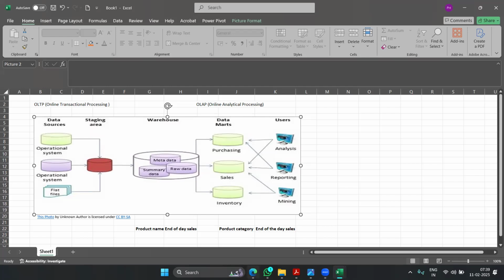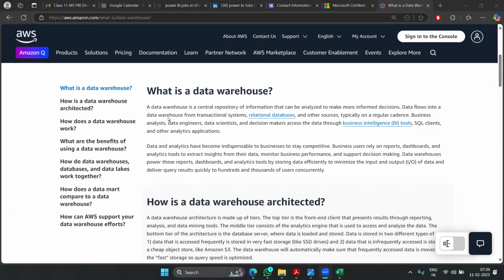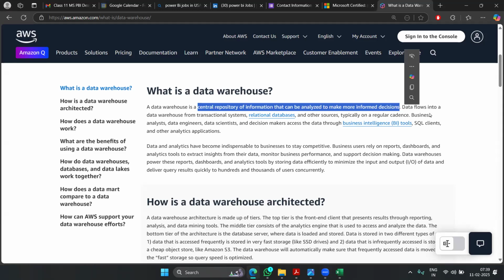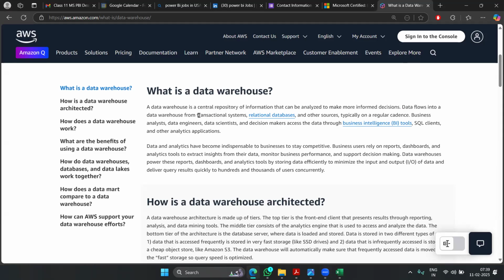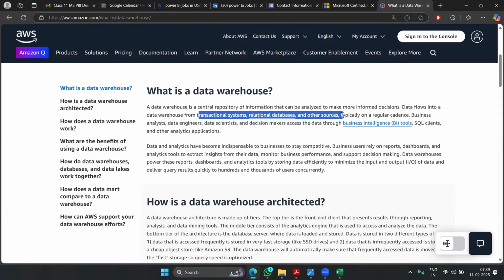And just to come to the theoretical part, whatever we have seen: Amazon provides a data warehouse, a central repository for information that can be analyzed to make more informed decisions. Data flows into the data warehouse from transactional systems, relational databases, and other sources.